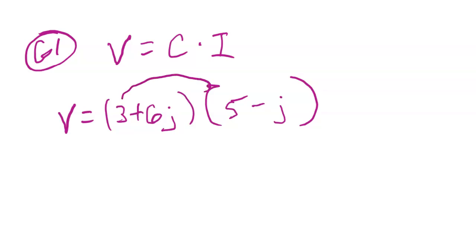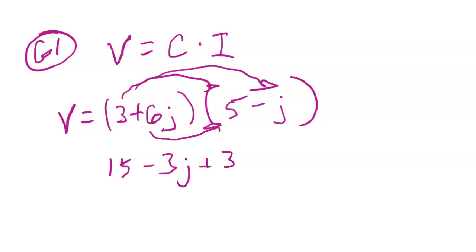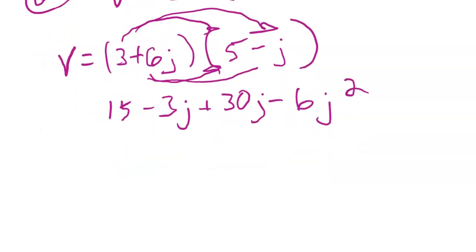So I get 3 times 5, which is 15, and 3 times -j is -3j, and then this is plus 30j, and then finally minus 6j squared. I'm guessing the j is like an i, and so it'll turn into -1.